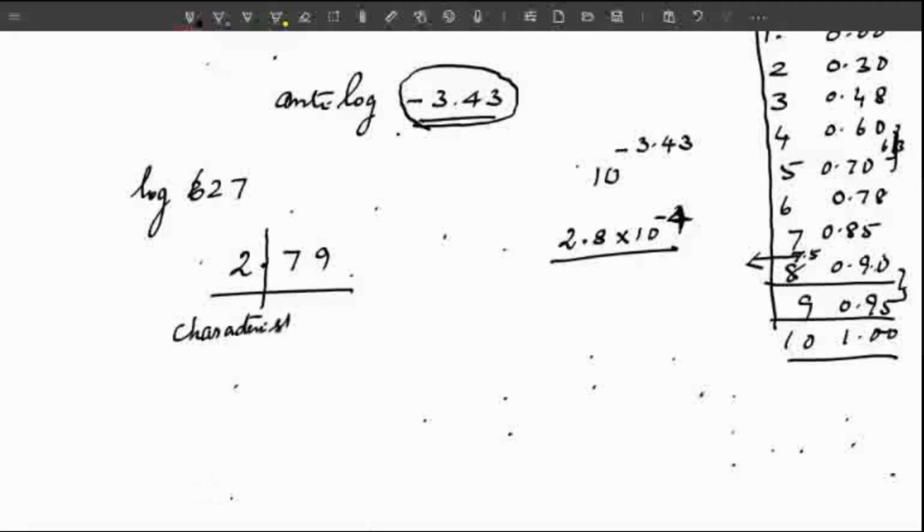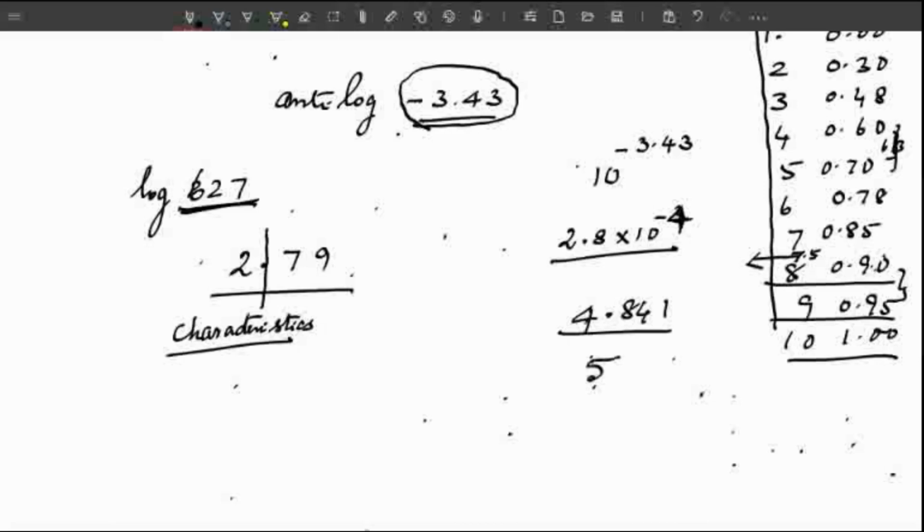The characteristic indicates how many digits are present in the number whose logarithm is taken. If 2 is the characteristic, add 1 to this and so many digits would be present. Therefore, 2.79 means add 1, you will have a 3-digit number. Suppose your logarithm is 4.841. How many digits should be present in that number? Add 1 to this. That will definitely consist of a 5-digit number.